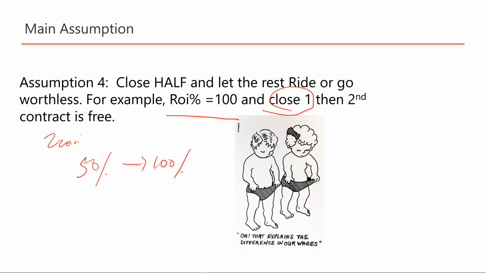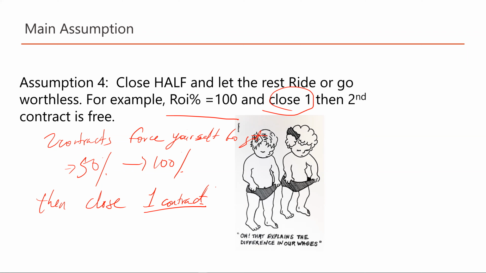So if you have 2 contracts, force yourself to get 50 to 100% return on those 2 contracts, and then close 1 contract.